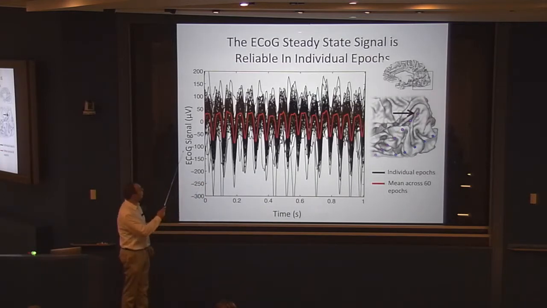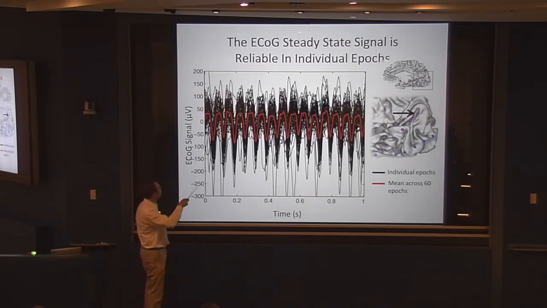And we've got 60 seconds of data. This is 1 second long, so we've epoched it into 60 epochs. The red is the mean, and the black traces are the individual trials. And I think you can get a sense that the individual trials are not bad. They're not the same as the mean, but you can see the pattern without averaging.